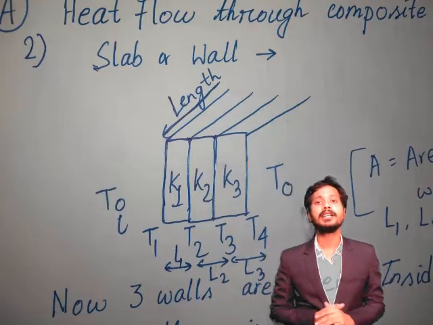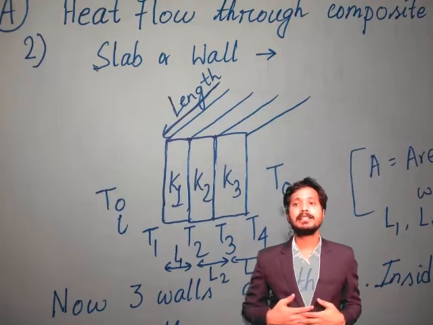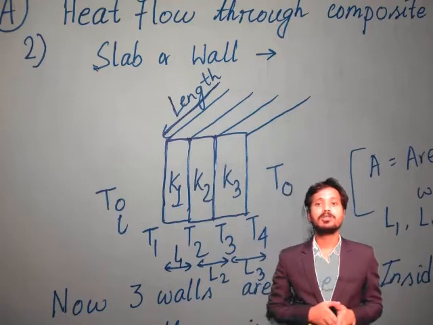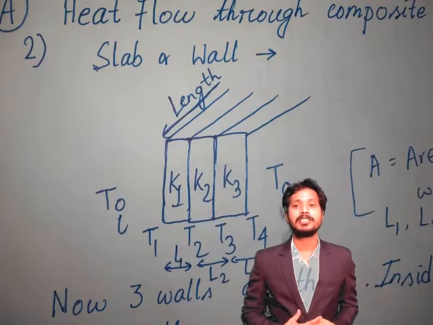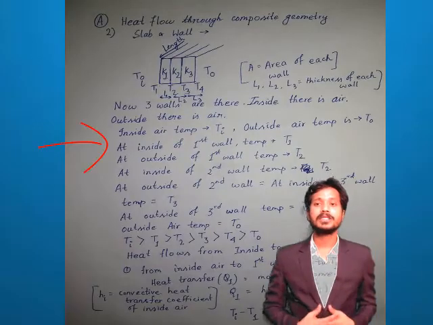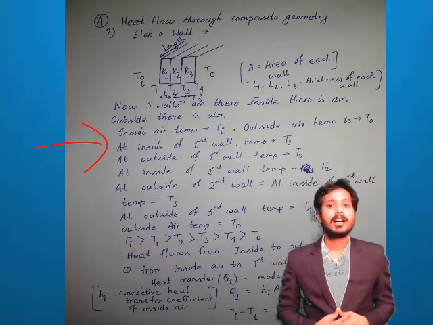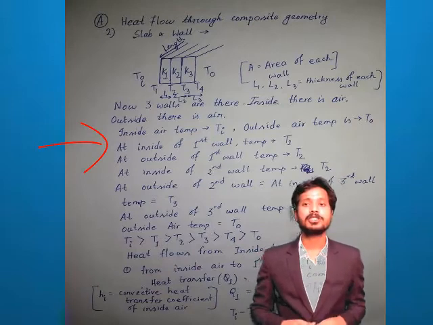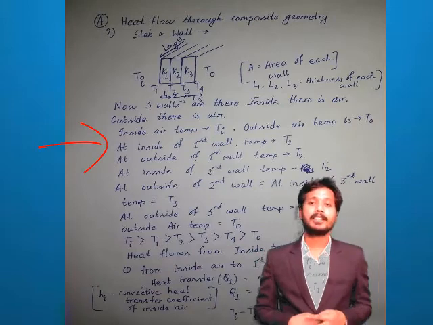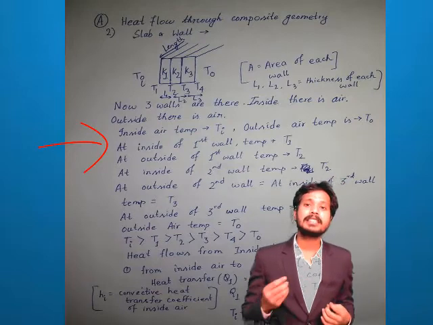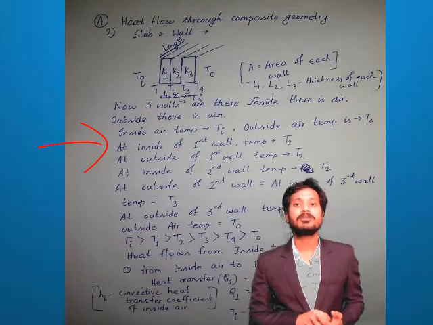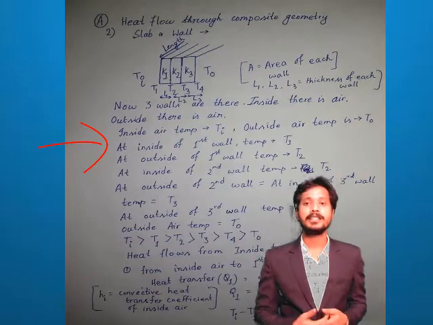So you can see here, three walls are there. Inside there is air and outside there is air. The inside air temperature I have assumed is Ti. Outside air temperature is T0. At the inside of the first wall the temperature is T1. At the outside of the first wall the temperature is T2, which is the same as the inside of the second wall temperature, so that is T2.